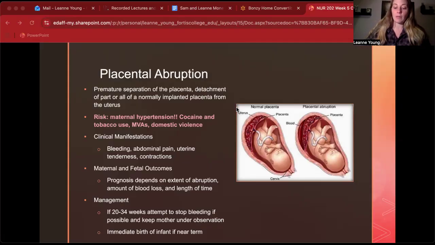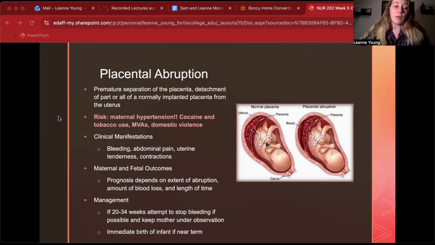But if they come in relatively soon at the onset of the abruption, they have a pretty good chance of everything being okay. However, if a mom comes in who these symptoms have been going on for a long time, she's been bleeding all day, she's been at work and hasn't been able to come in, we run the risk of fetal demise and maternal potential complications for mom as well.